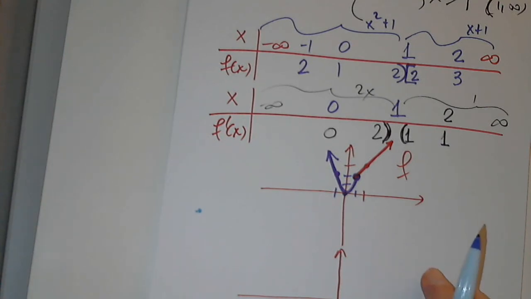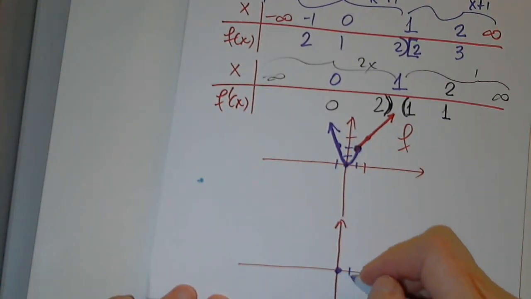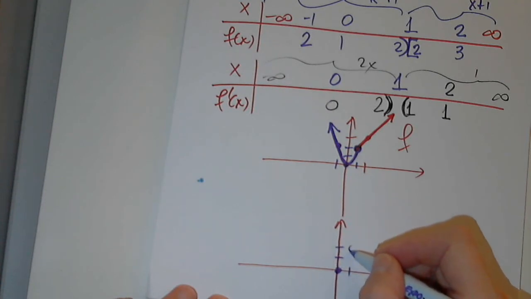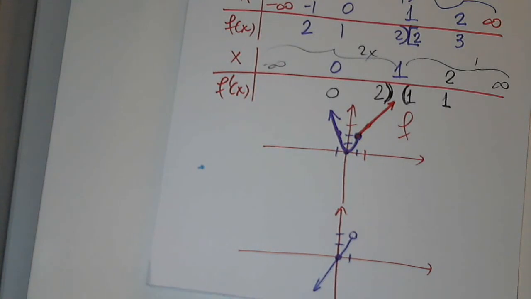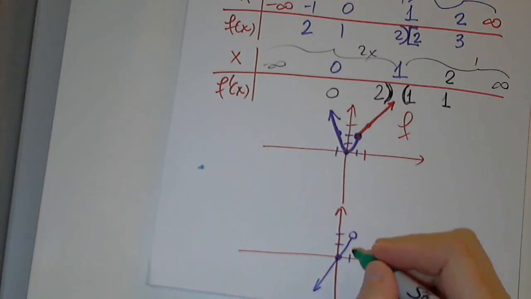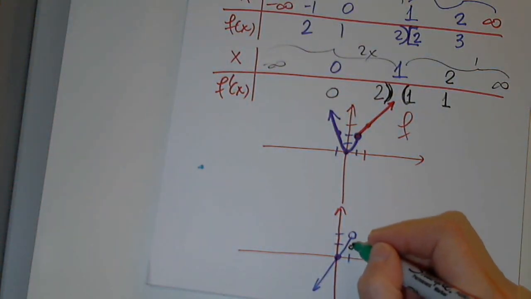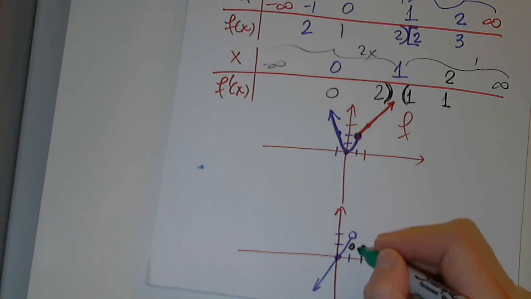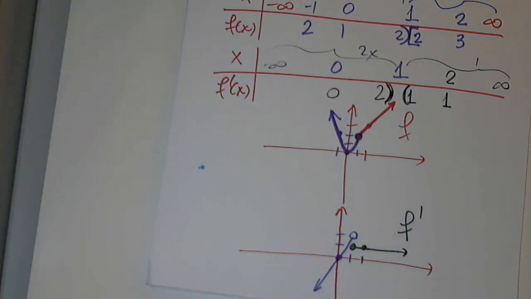So at 0 is 0. At 1 is 2. Done with that piece. And now 1, 1, 2, 1. So this is the function called f prime.